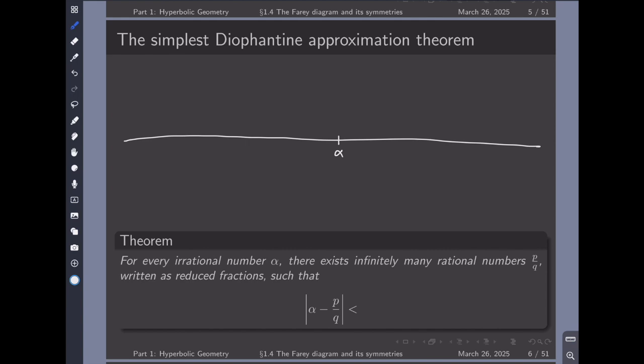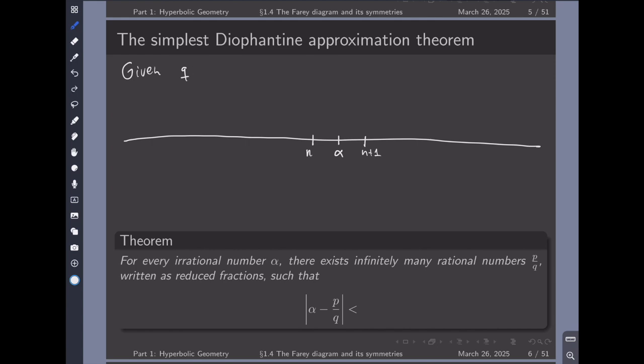Given a non-zero positive integer q, something I know is that alpha is between 2 integers, let's say n and n plus 1. And this is independent of q.